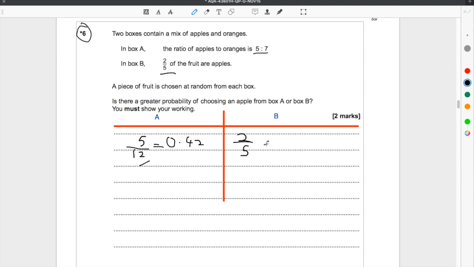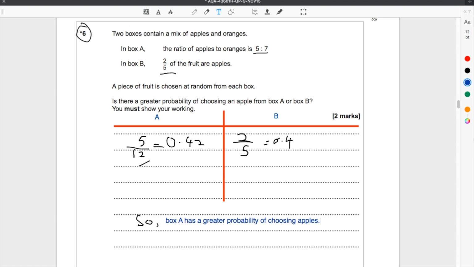And this is 0.4. So actually, box A has the greater probability of choosing an apple. Okay? So, and we'll write this here. Box A has a greater probability of choosing apples.